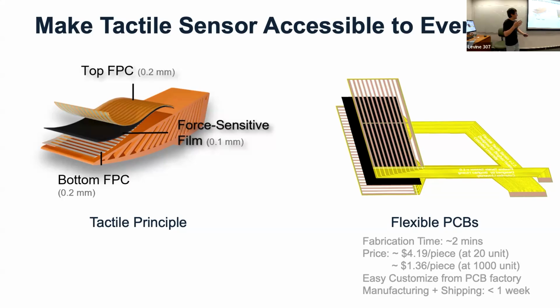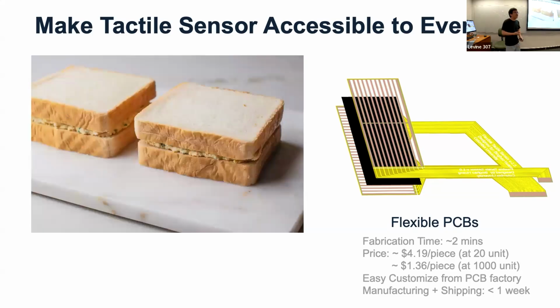To have a better understanding, it's still a simple sandwich, but much simpler. This version will be much more robust than the previous one because we use flexible PCB to align the conductive thread. That means the consistency will be improved and the distance between the conductive threads will be fixed.